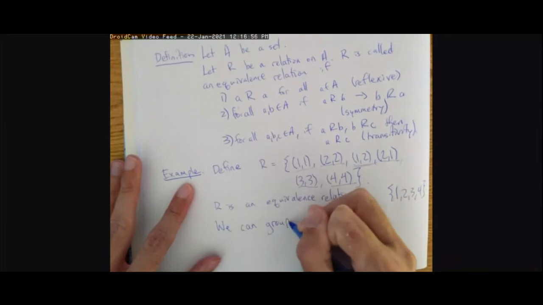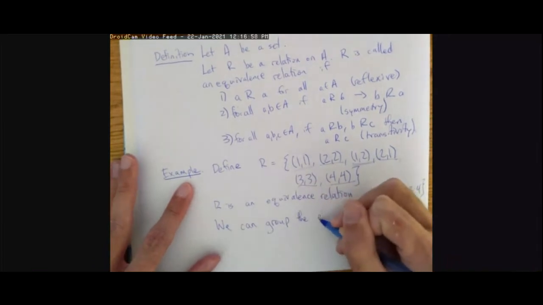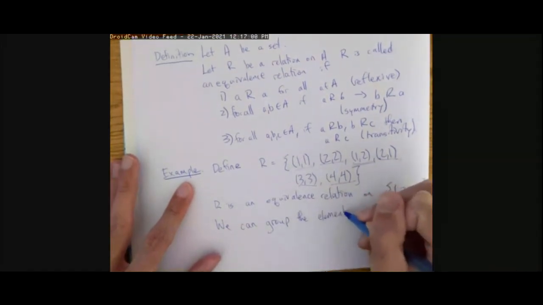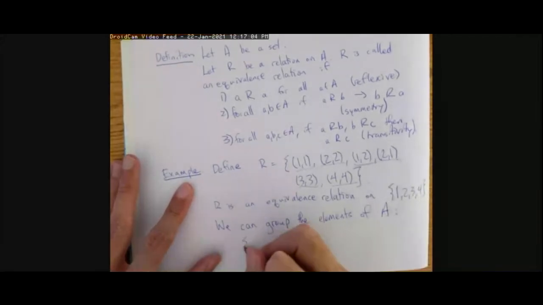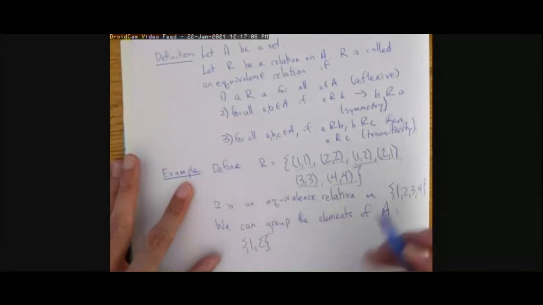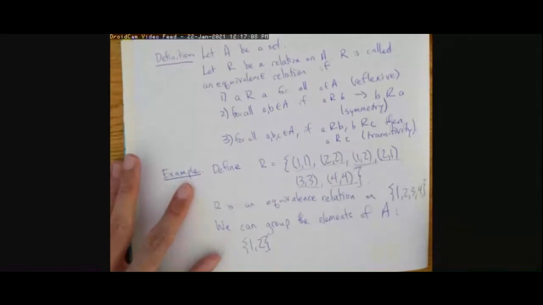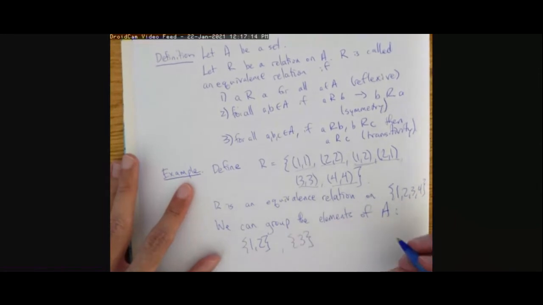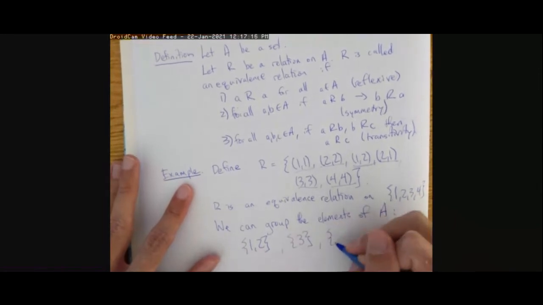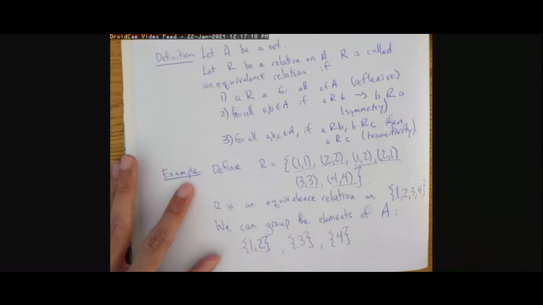We can group the elements of A according to R as: 1 and 2 are both related to each other, so we put them apart. 3 is only related to 3, so we set that aside by itself. And 4 is related to 4, we put that in its own set.